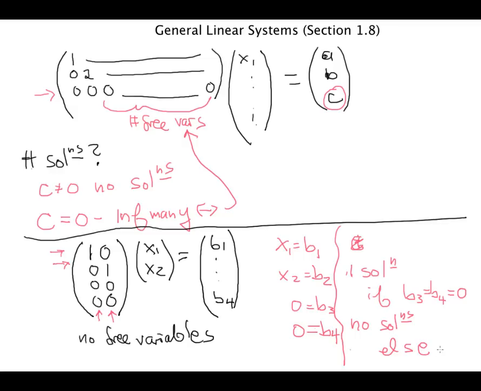So you see that the main bifurcation is between no solutions and some solutions. And if there are any solutions, in this case, there's a unique solution. The reason you have exactly one solution here is that the number of free variables is 0. There aren't any free variables.